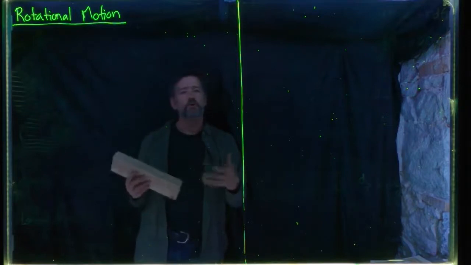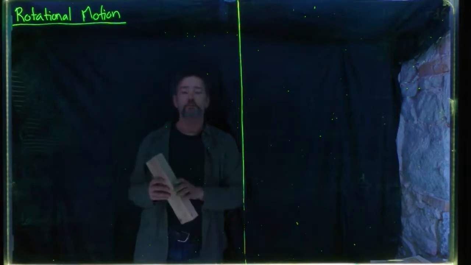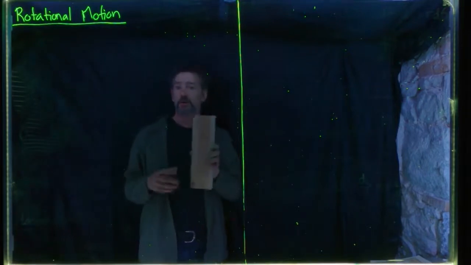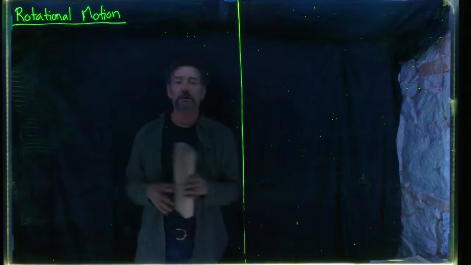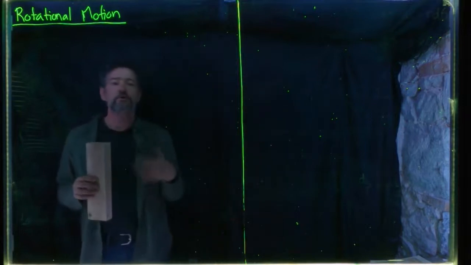Now, we've talked about translational motion of objects. So this object here can have displacements or velocities or accelerations in, say, the x direction, the y direction, the z direction, or generally it can be moving on some arbitrary trajectory in three-dimensional space like this under the action of a net force causing an acceleration and so on and so forth.